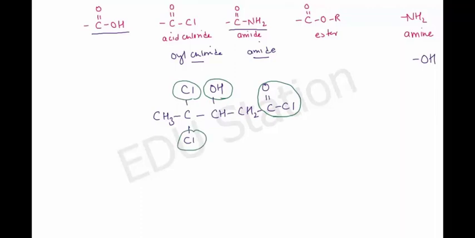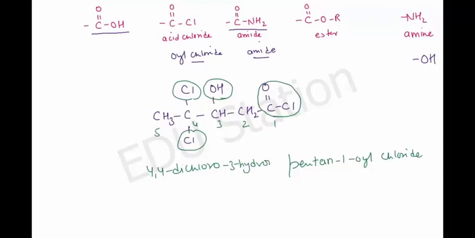Acid derivatives will be preferred, so it will be 1, 2, 3, 4, 5. So you have pent-an-1-oyl chloride. Acid derivatives are written as oyl chloride. Now, so you have 4,4-dichloro, 3-hydroxy.